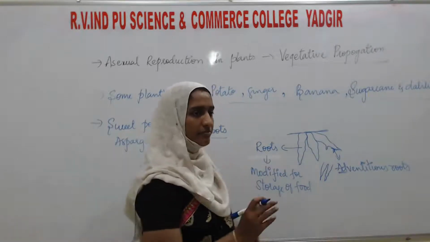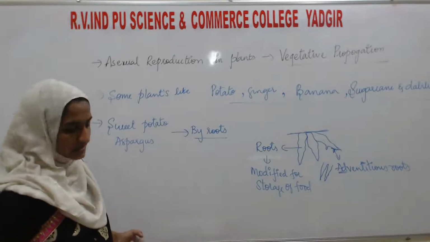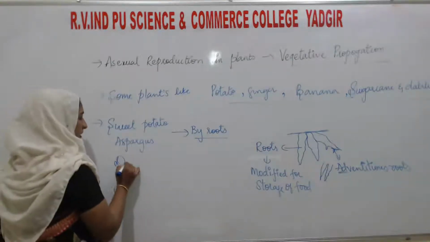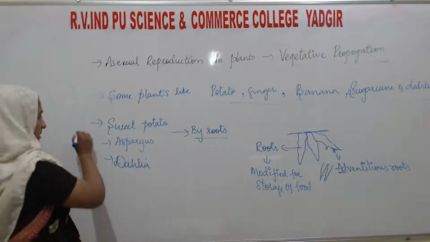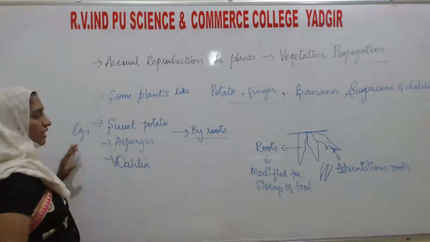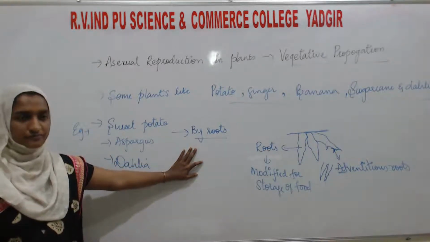The same thing takes place in asparagus, as well as one more example, dahlia. These are the examples where vegetative propagation takes place by the roots.